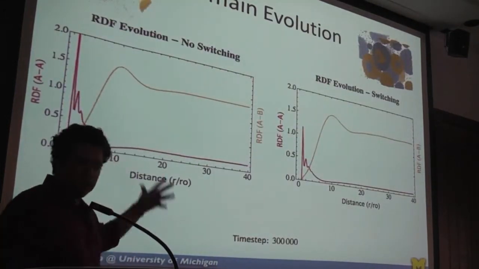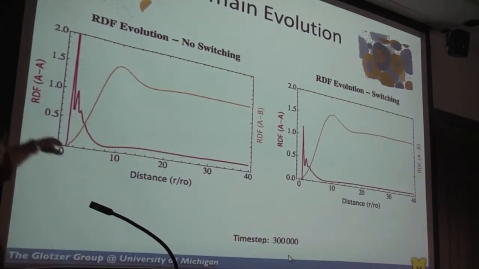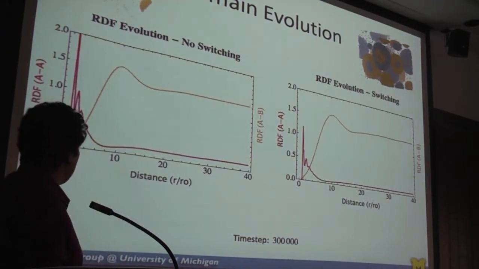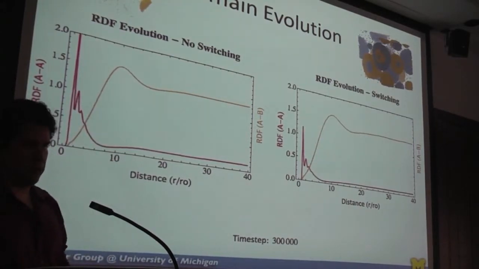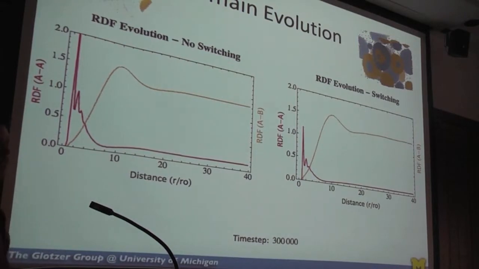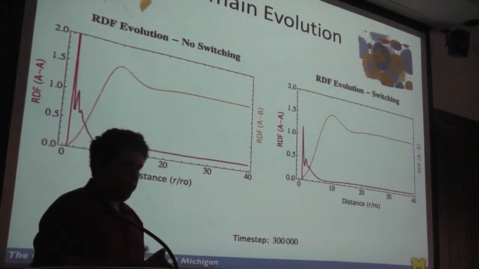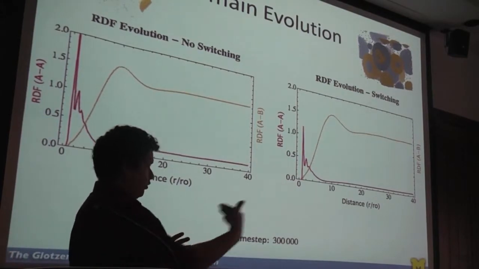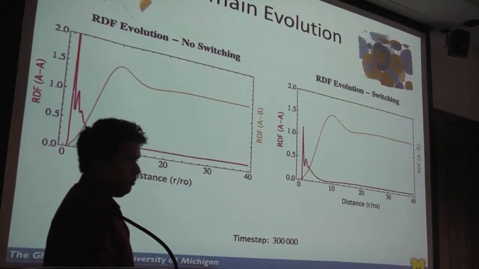So here is just a graph showing the RDF, that is kind of like the probability of finding another particle within a certain distance from a particle. So the red one is how likely a blue particle is likely to find another particle of the same type, and the yellow one is a particle of the opposite type.